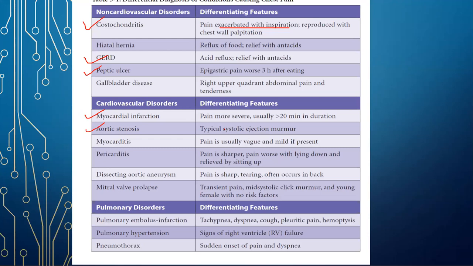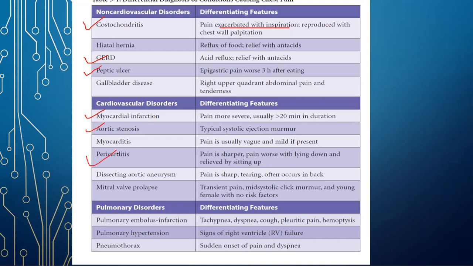Aortic stenosis, remember aortic stenosis has a triad of symptoms: chest tightness, dyspnea or shortness of breath on exertion, plus syncope or fainting. So syncope, dyspnea, chest tightness with an associated murmur in the heart, which is an ejection systolic murmur radiating to the neck, that's aortic stenosis. And it's common in elderly patients.